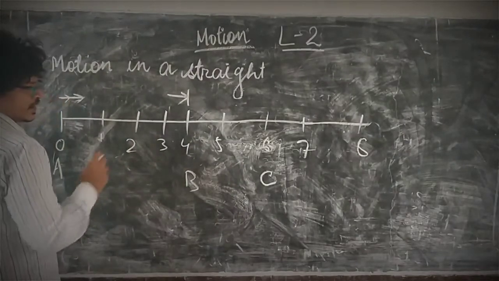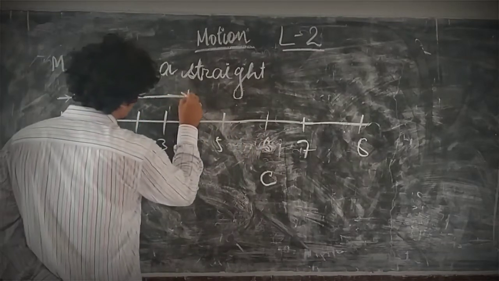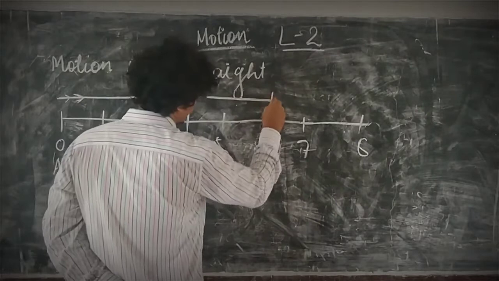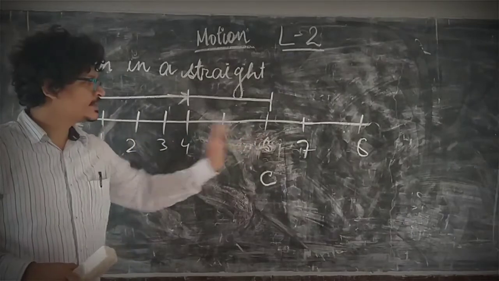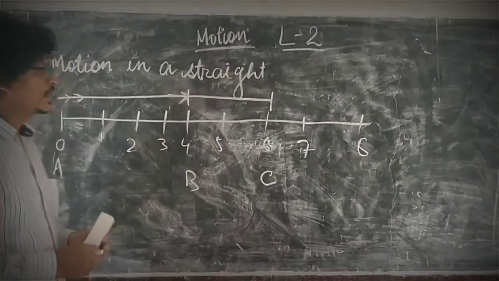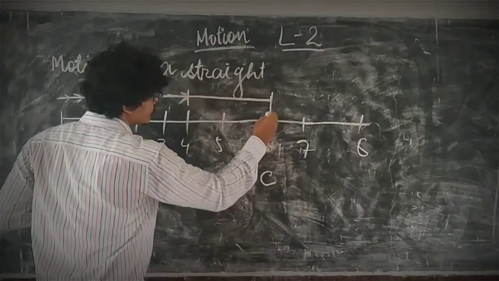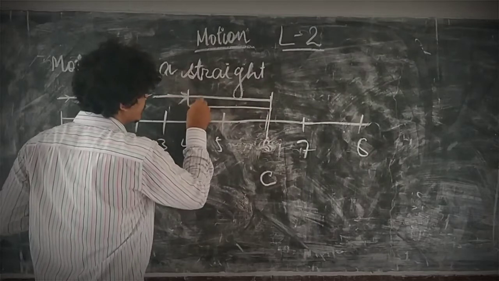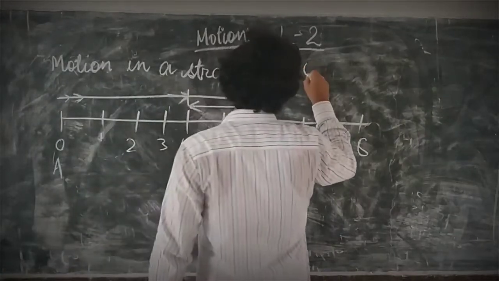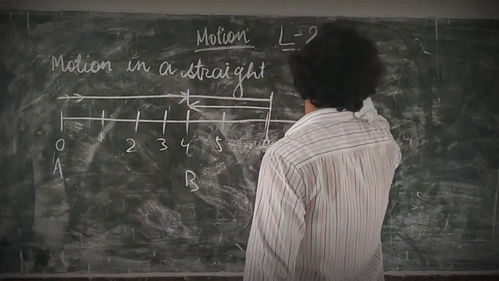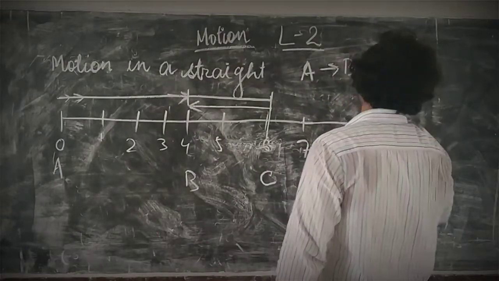Fine. Now if that person moves from B to C, the total distance covered will be 6 units. Now if this person takes a turn and comes back to point B, the person is starting from A, going to B, then to C, and then to B again.